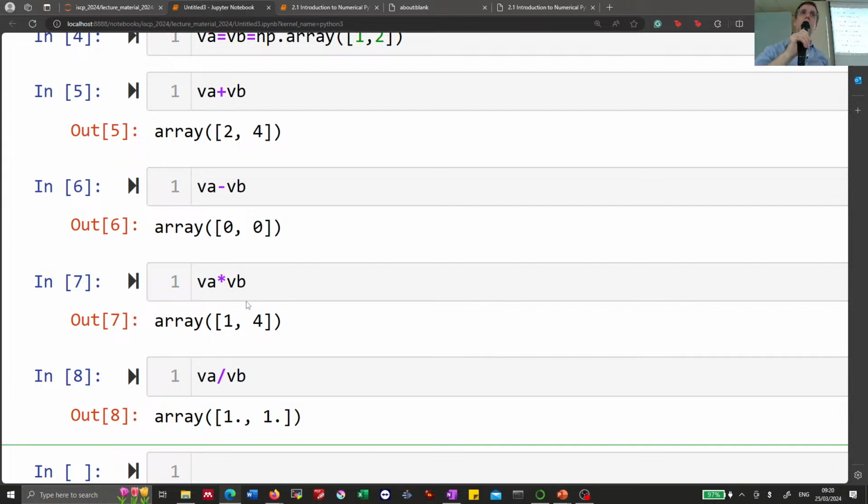So in Python, when we have vectors, or actually numpy objects that we think are vectors, our arithmetic operations function element-wise. So they don't take the whole thing as a vector, they take it number by number.